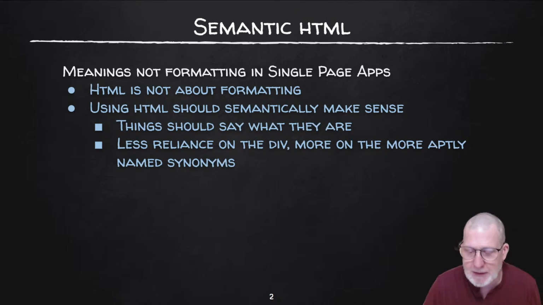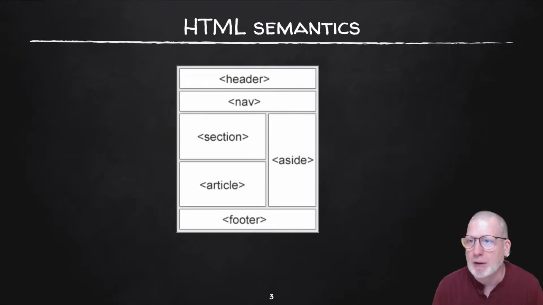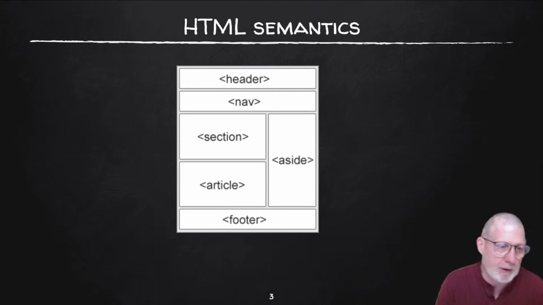While they don't say anything about what something looks like, the HTML tags you choose should say something about what your page looks like from a structural point of view. And it makes it a little bit easier to read as a human, so we end up with something a little bit more normal that we can wrap our heads around.